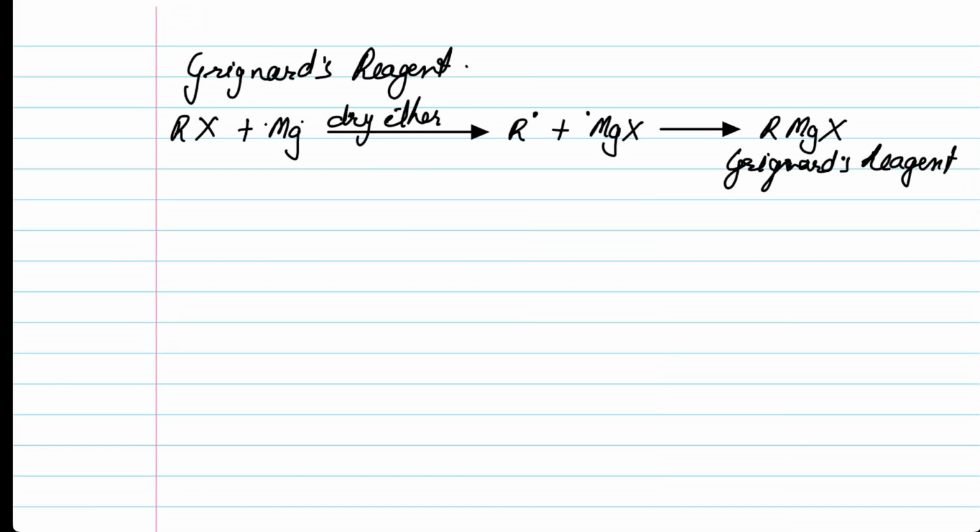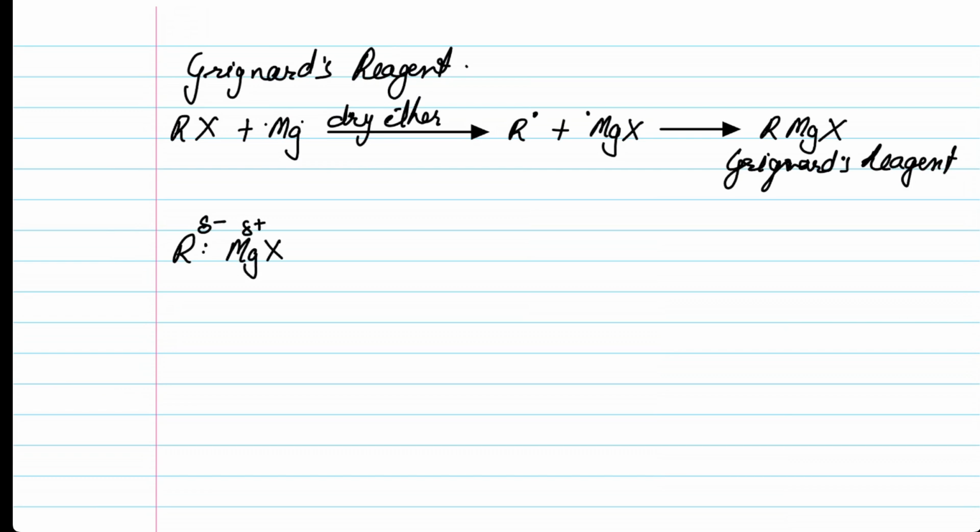Now, when we talk about this Grignard's reagent, here the carbon and magnesium bond is going to be a polar bond in which carbon is more electronegative as compared to magnesium. Now, carbon is supposed to have a delta negative charge, while magnesium, MgX, is supposed to have a delta positive charge.